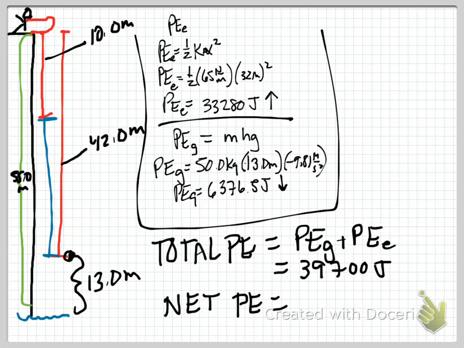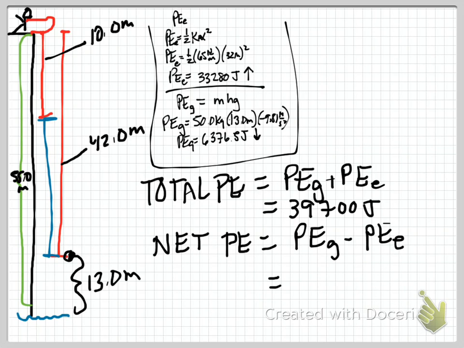And that would be also adding them, but recognizing that one of them is negative, that they're in opposite directions. So in essence, you would be subtracting them, though we can fool around with that with signs. So when we do that for a net, we would get 26,900 joules, and it would be upward.